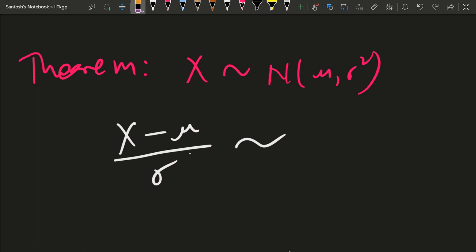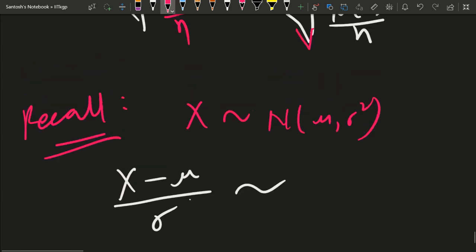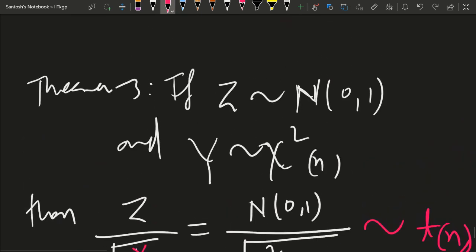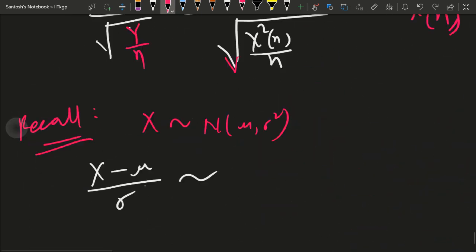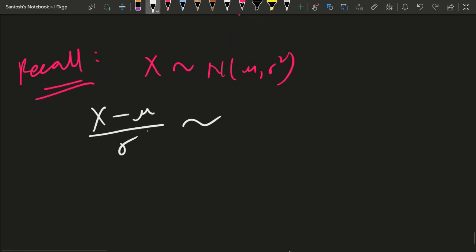Actually, this is just recalling, not a theorem. Theorem I'll write later on. Look here, second point. You forgot so easily. Normal distribution. Normal 0 1, yes. So it is normal 0 1.